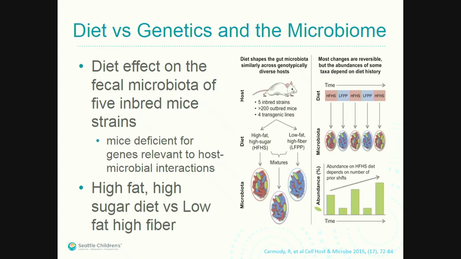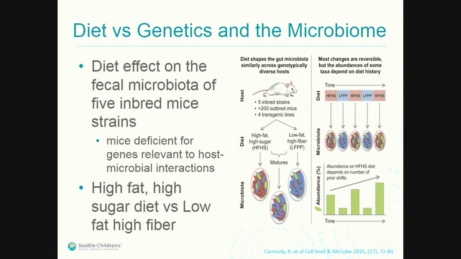And we know that, again, diet plays an important role from a number of basic science studies. And this is a study by Carmody and colleagues where they try to ask the question, what's more important in terms of your microbiome? Is it the foods that you're eating, the diet, or is it your underlying genetic background?